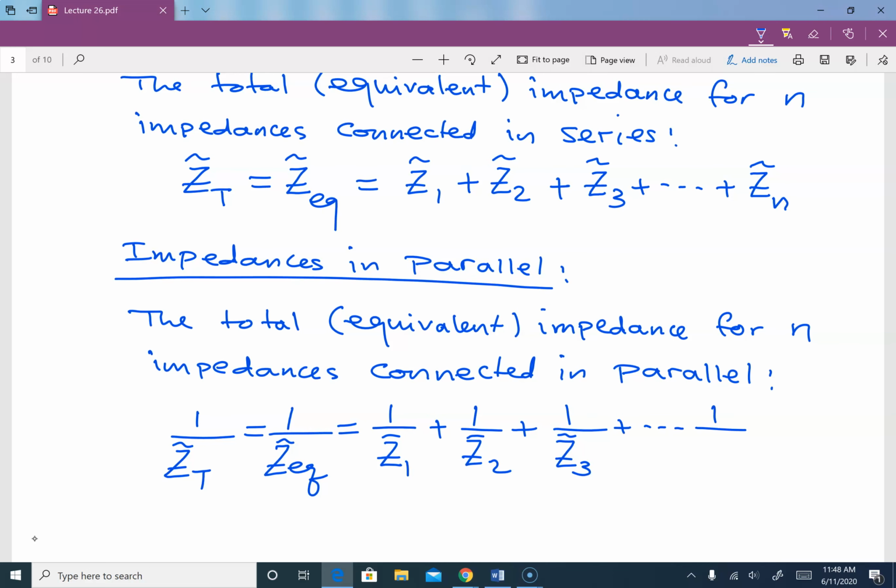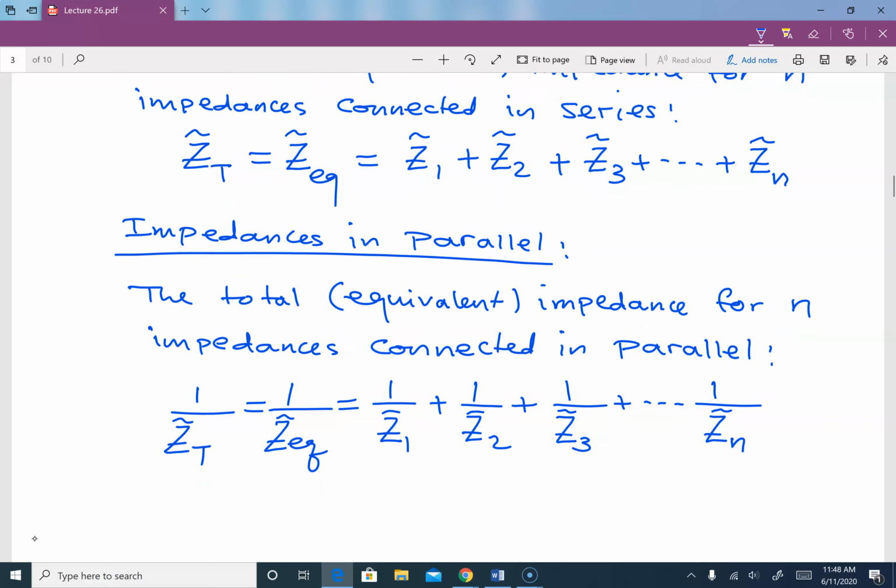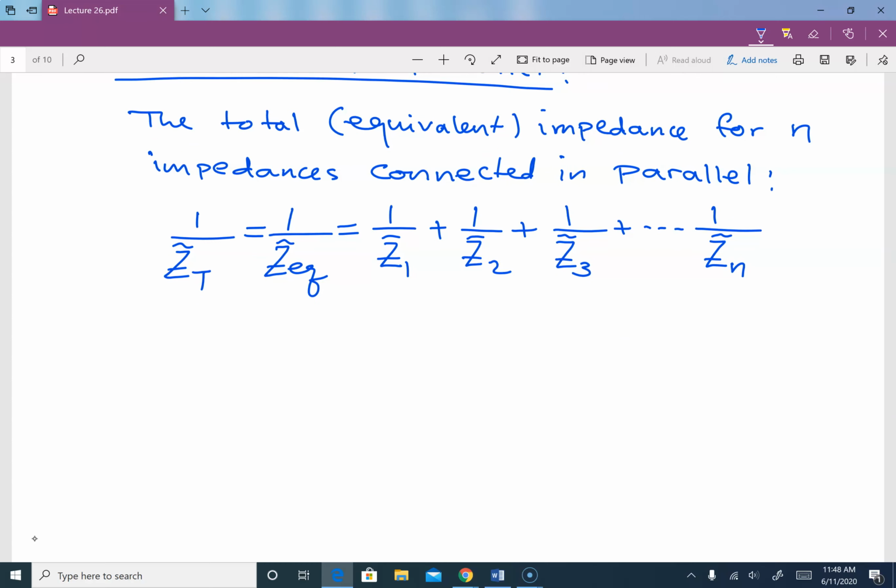It depends on how many impedances that we have in that parallel combination.